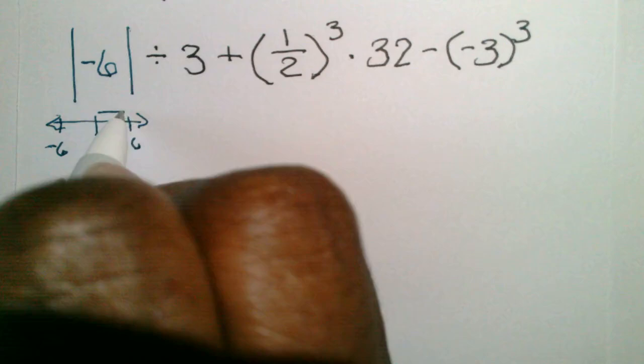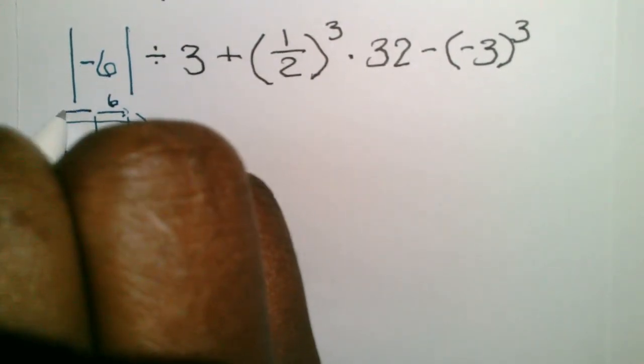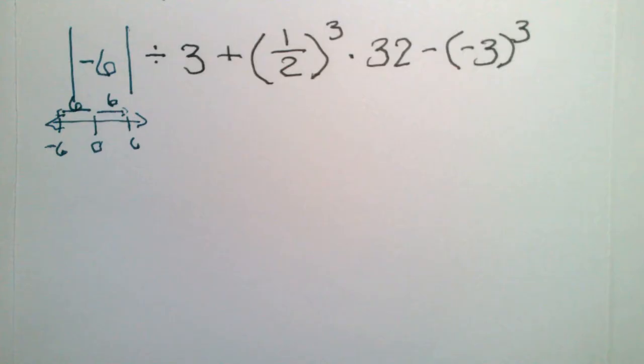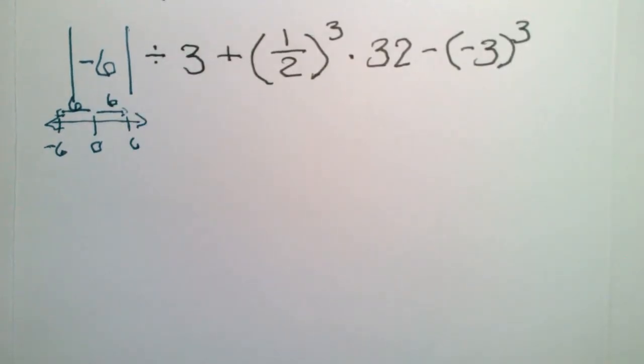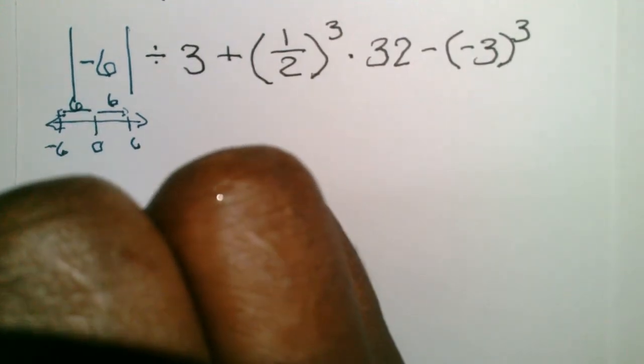From 0 to 6, that's still going to be 6 units. From 0 to negative 6, that's still going to be 6 units, although it's going in the opposite direction. That's why absolute values are always positive. So the absolute value of negative 6 is just 6.